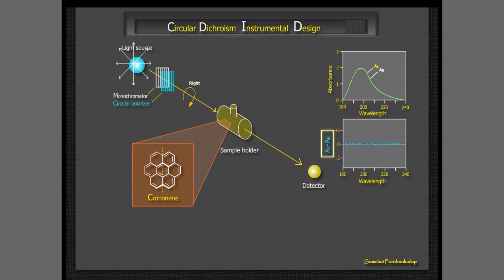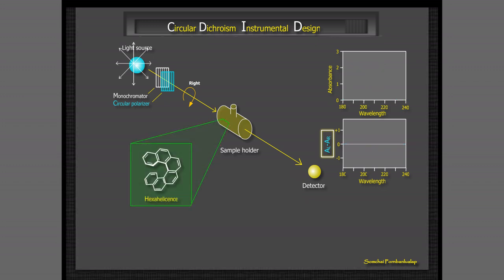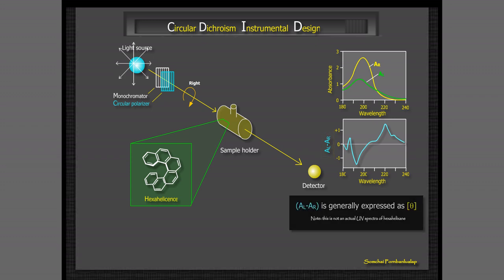In contrast, structurally asymmetric molecules, such as hexahelicene, absorb left and right circularly polarized light unequally, producing a CD spectrum. Thus, the CD spectrum of any molecule with an asymmetric structure can be recorded.